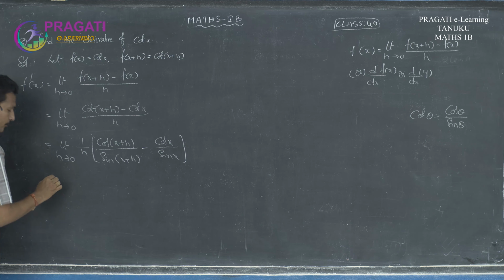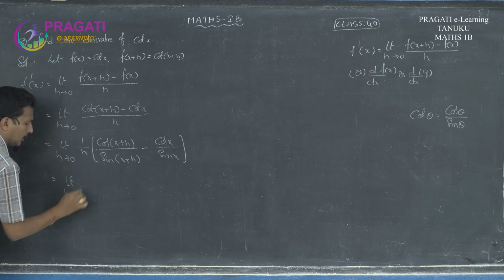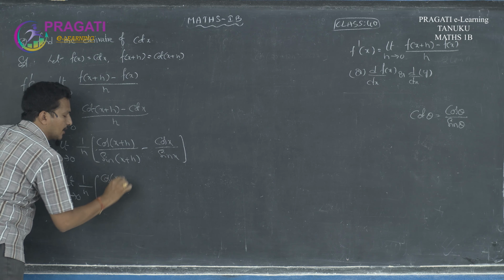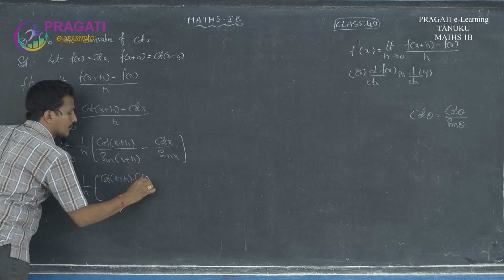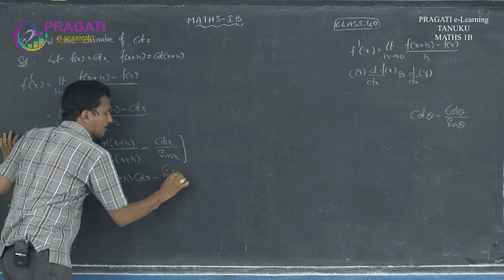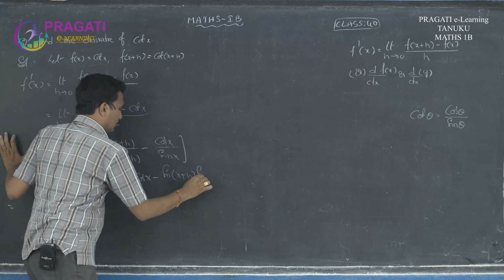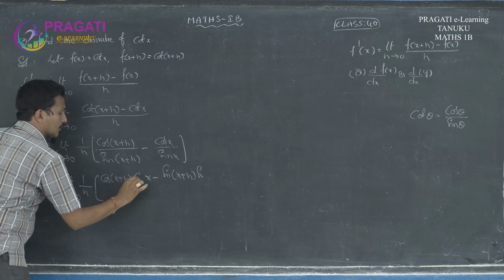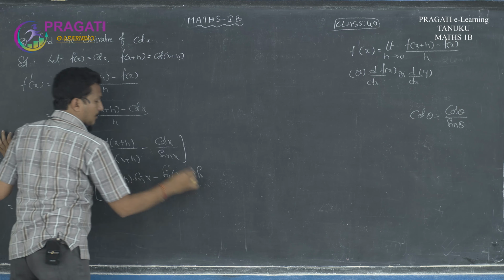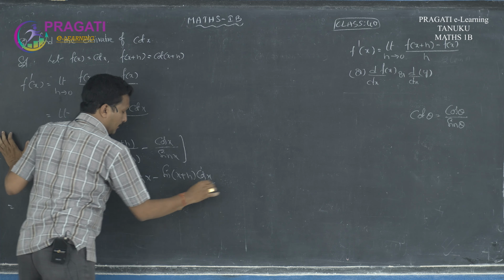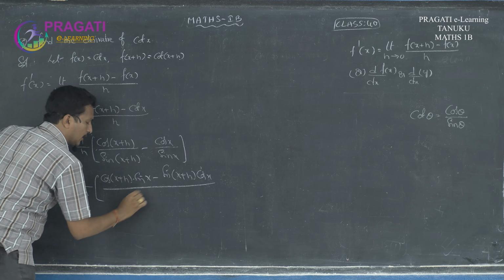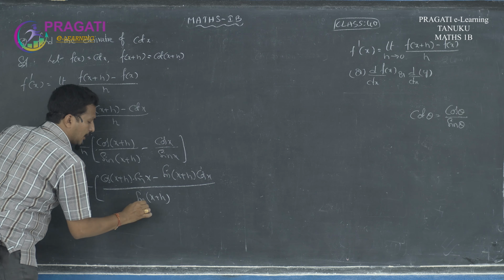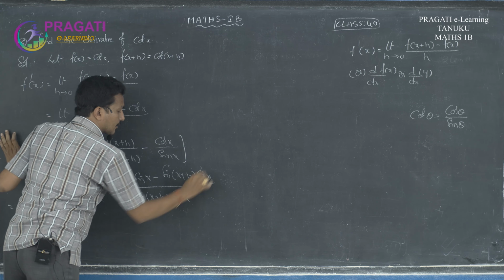Here to find the LCM, already in the previous problem you see the LCM. Here cos of x plus h into sin x minus sin of x plus h into cos x, by multiplying the two denominators right in the denominator place: sin of x plus h into sin x.